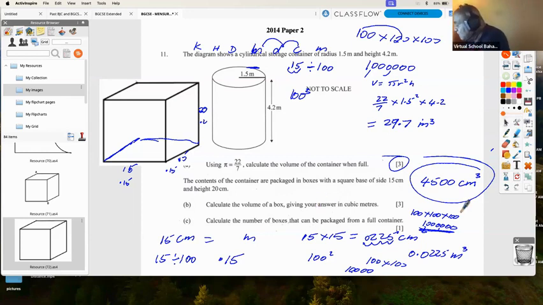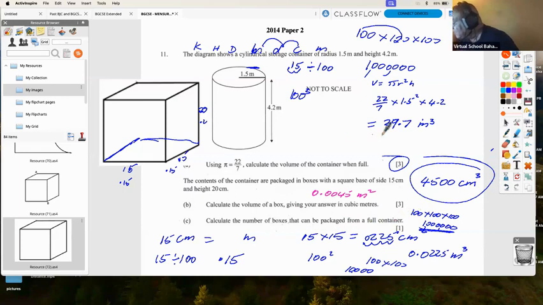And so now that we know our answer, when we convert it into cubic meter, it is 0.0045, and this would be meter cubed, right? So calculate the number of boxes that can be packed, and that makes sense. We can't get a bigger number than that, because these are smaller boxes. How many packets can we get from a full container?